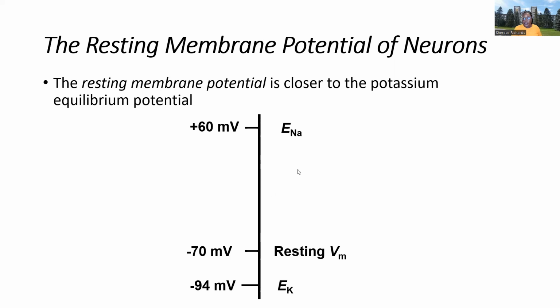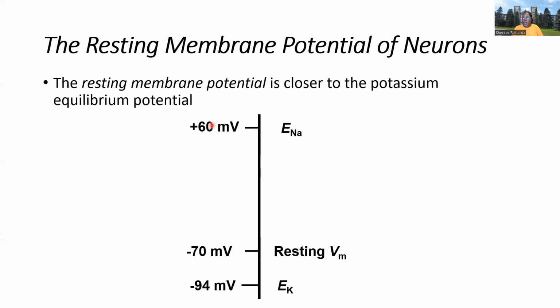So if we look at this example here, here's the resting membrane potential, negative 70 millivolts. Here's sodium's equilibrium potential. This is why sodium really wants to get into the cell, because when the cell is at rest, it's really far away from its equilibrium potential. And so it wants to rush into the cell until the membrane potential gets to positive 60, and then sodium will stop moving. All right.